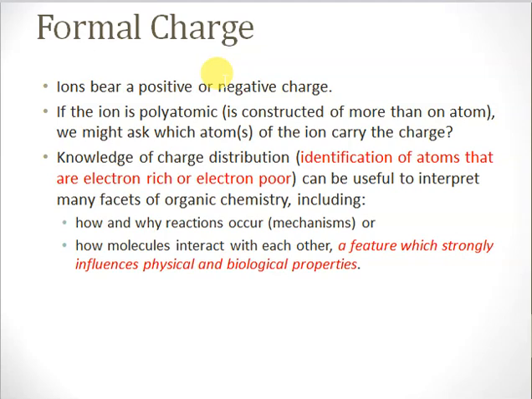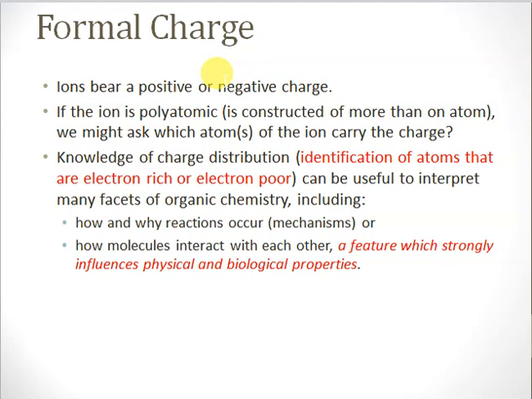But suppose an ion is polyatomic, meaning it consists of more than one atom, then we might ask which of these atoms has the charge on it, right? For example, you may write CrO3, so you may be curious about which atom this negative charge is on, right?